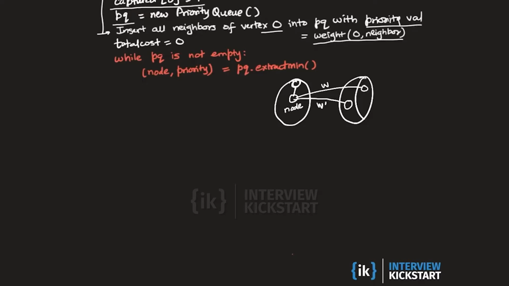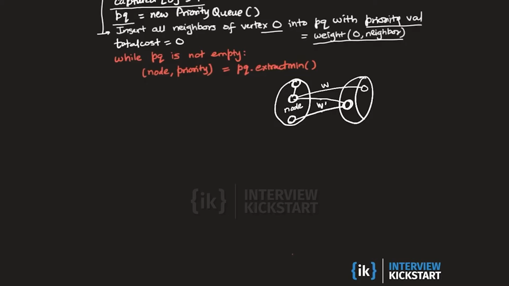Now when we had a decrease key operation available, we would resolve any multiplicity here. If there are multiple vertices pointing to the same node in the priority queue, we could compare the weights of those multiple edges and settle for the lowest possible weight as the priority, using the decrease key operation to reset the priority.